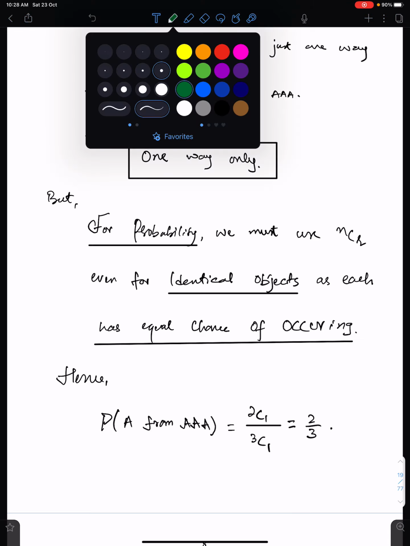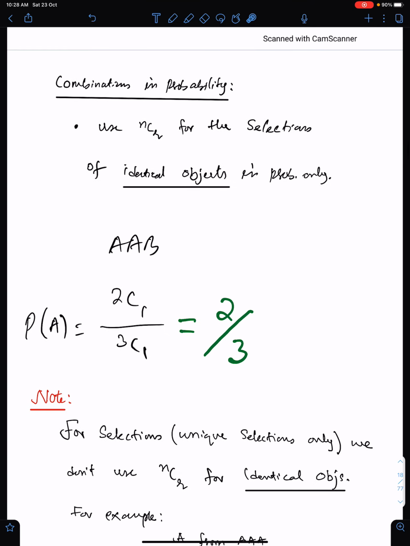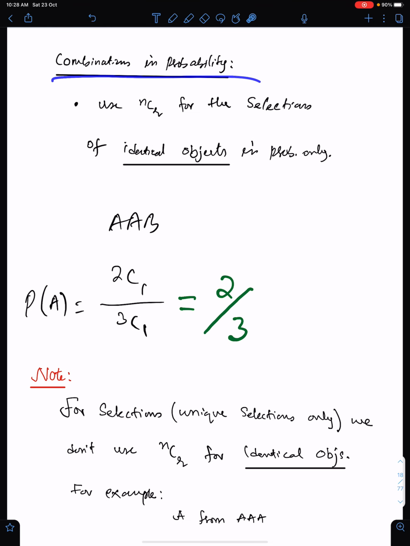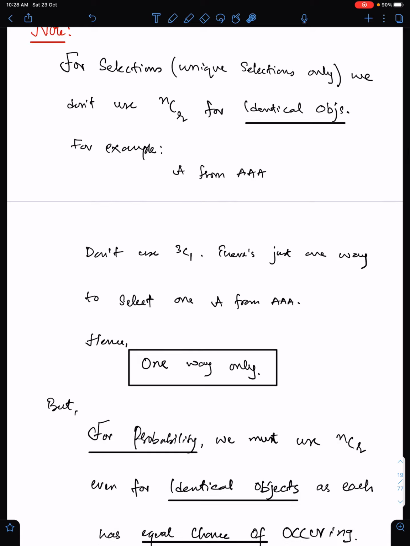Let me repeat this example. So we use combinations in probability. Like in this example, I use it. But for unique selection, we do not use NCR. There is just one way to select 1A from 3A's.